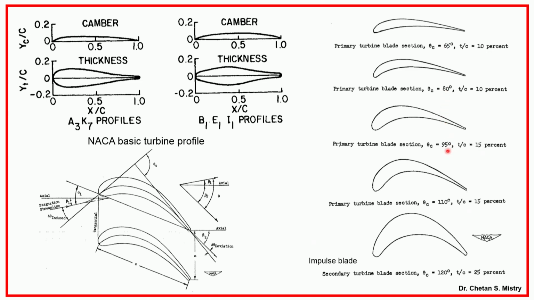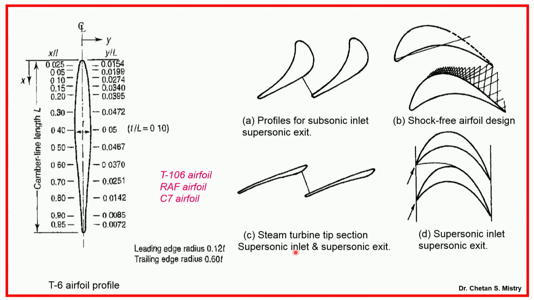When I am increasing my maximum thickness and camber angle, you will have some kind of blade, what you call an impulse turbine blade. Okay. This is mostly used in research, known as the T106 aerofoil. For that, open data is available.